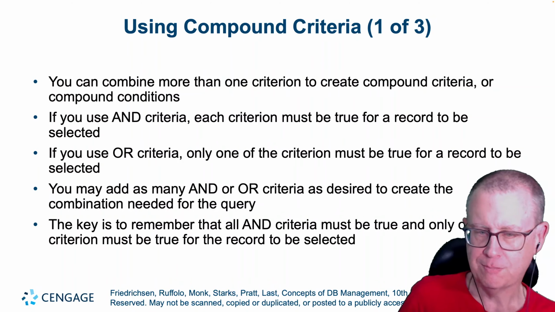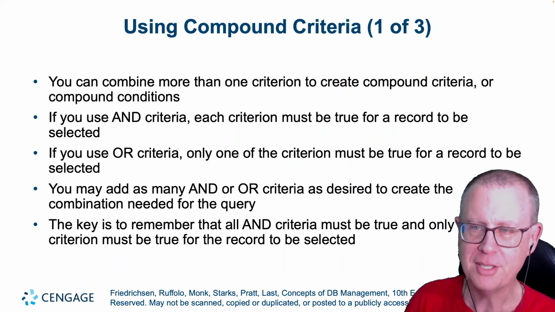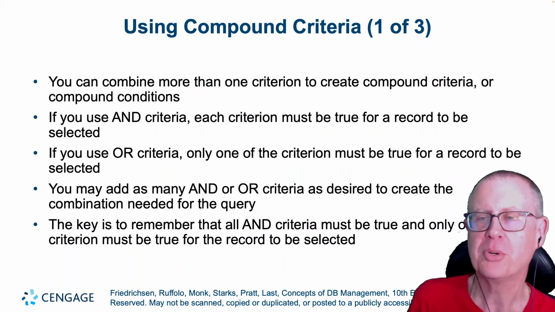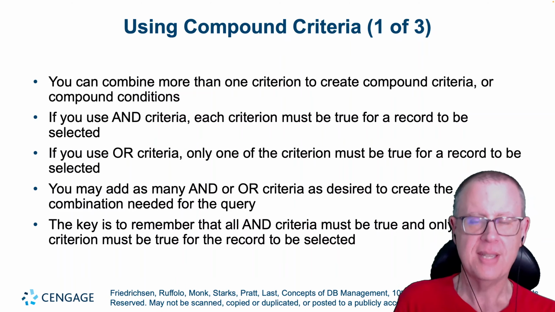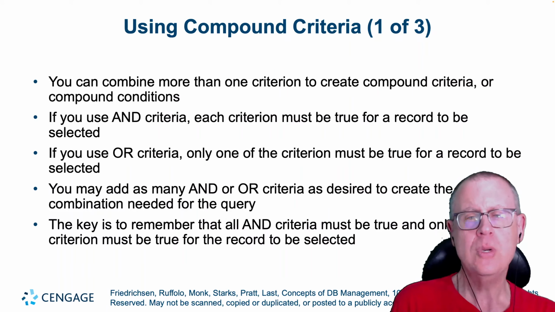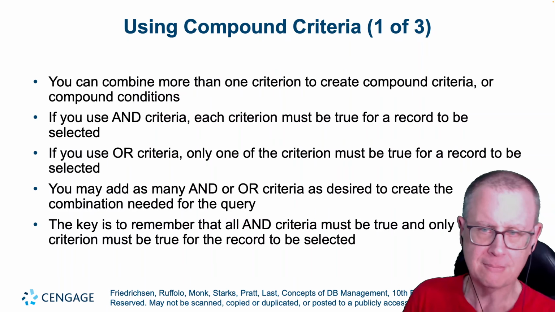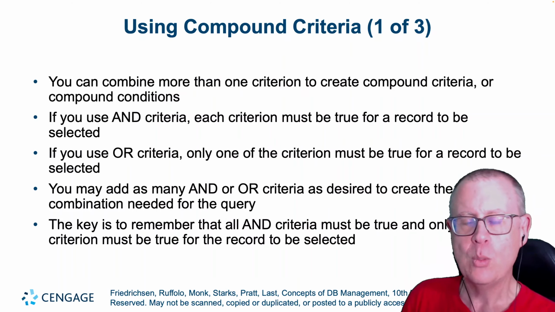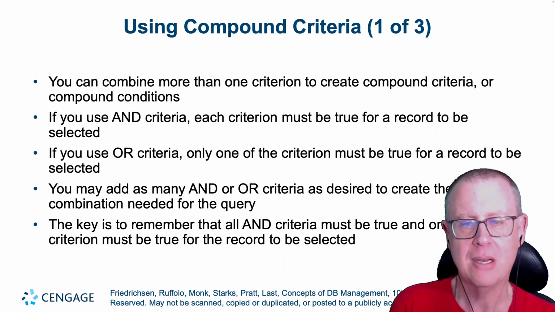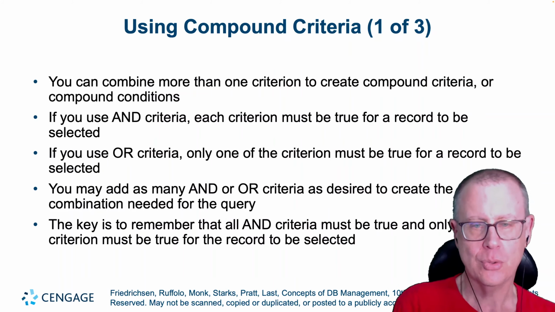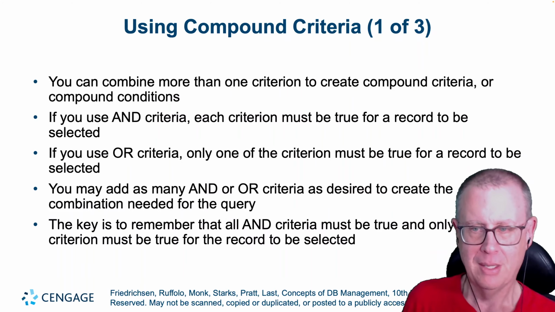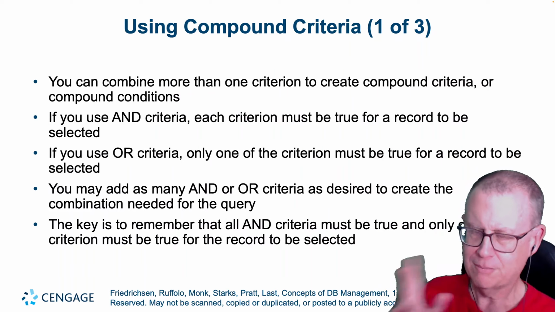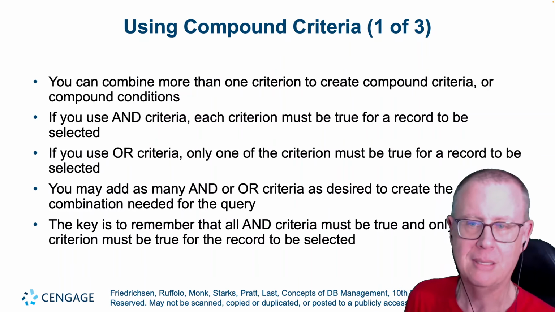Sometimes you want to apply multiple criteria, so you use the AND operation, which says that each criterion must be true before a record is selected. The OR operation says that only one of the two criteria on either side of the OR needs to be true for it to be selected. And you can put as many of those together as you like. I'll show you what that looks like in a little while.